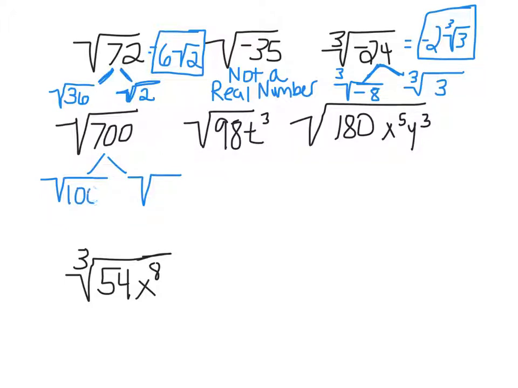What is the square root of 100? It's 10, right? So 100 times 7 is 700. So the square root of 100 is 10. And then what I have left over? The square root of 7. So this one is 10 times the square root of 7.